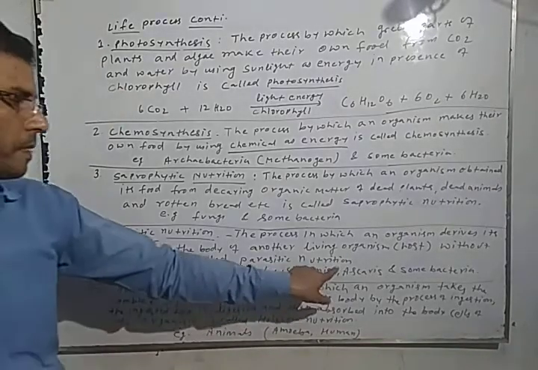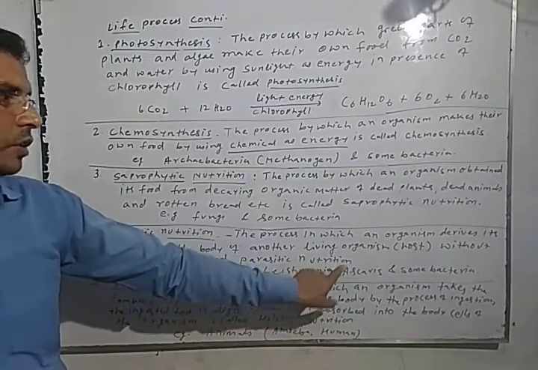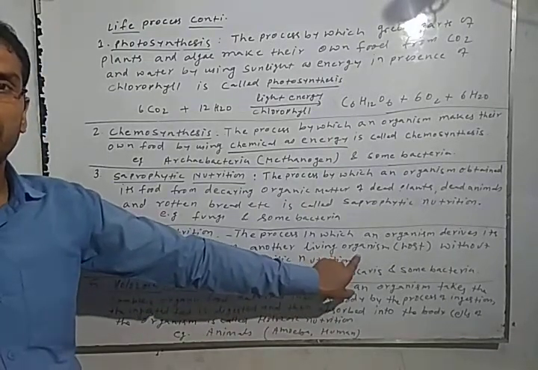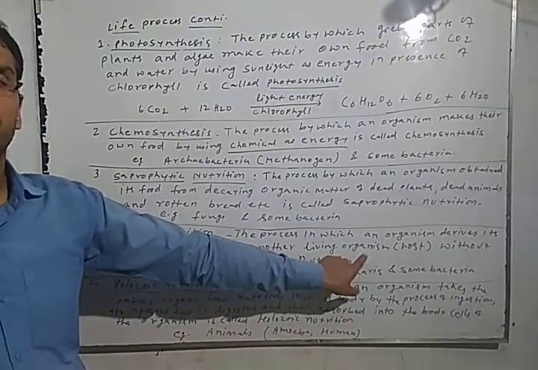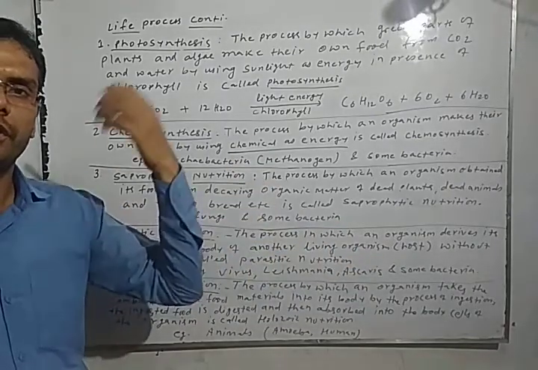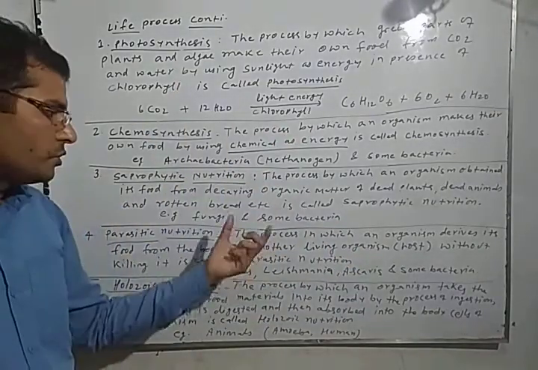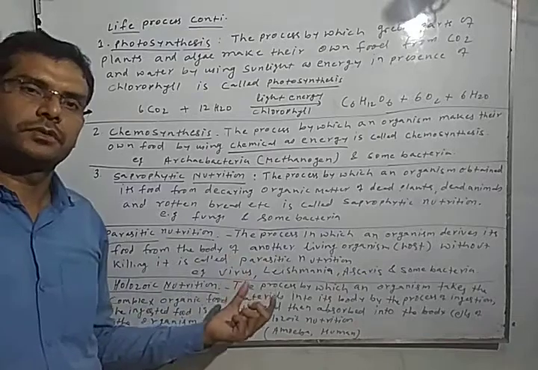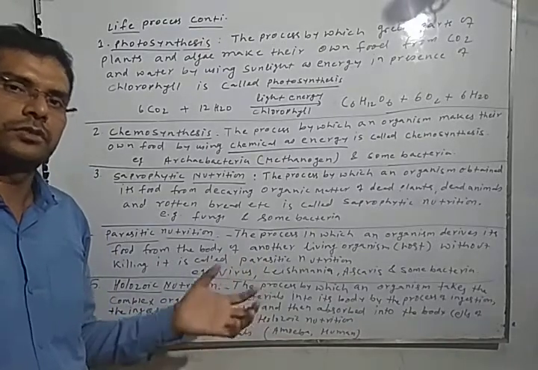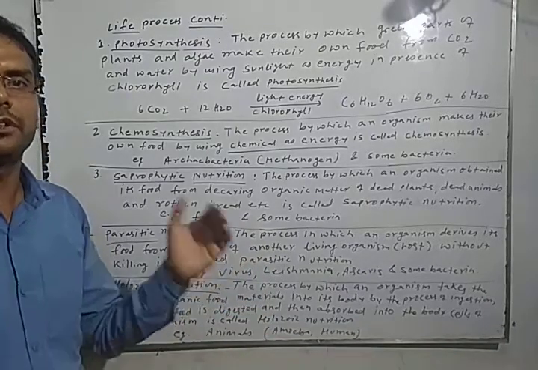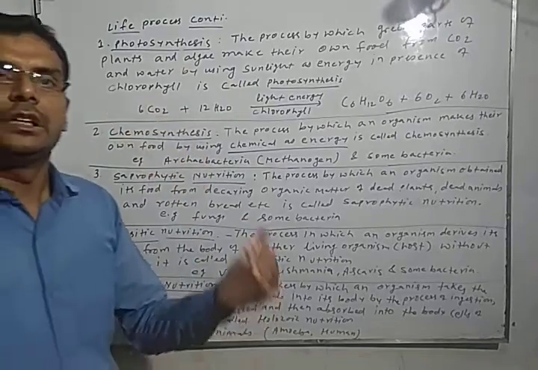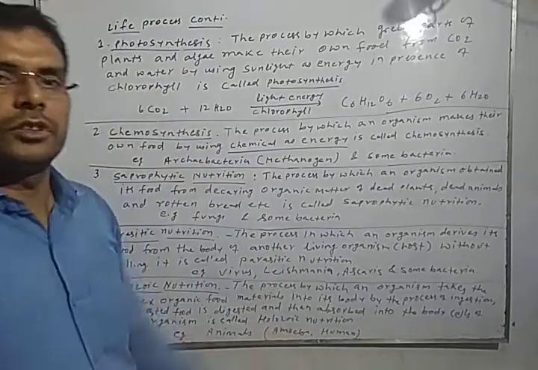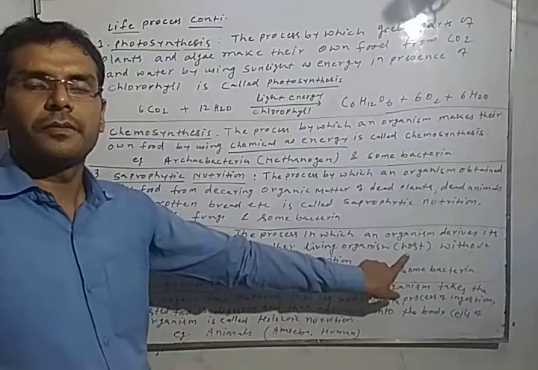Now remember, in this process, the organisms which obtain their food from other living organisms are called parasites, and the living organism from which they obtain food is called the host.